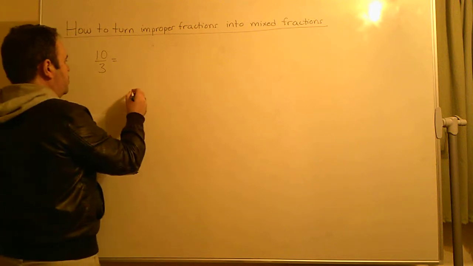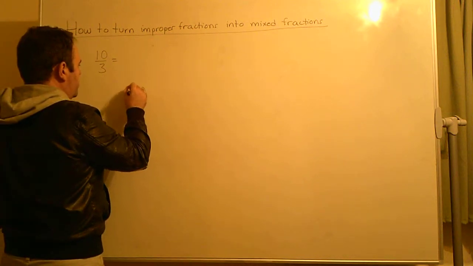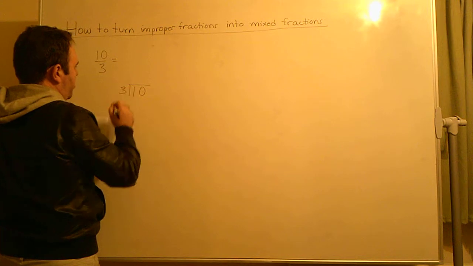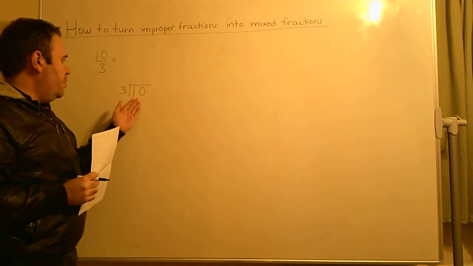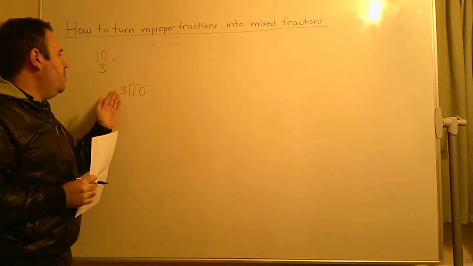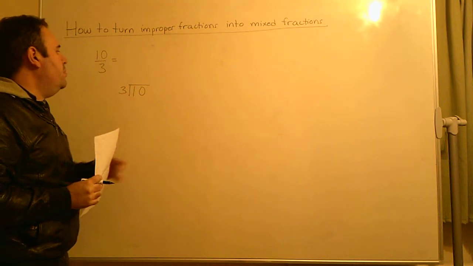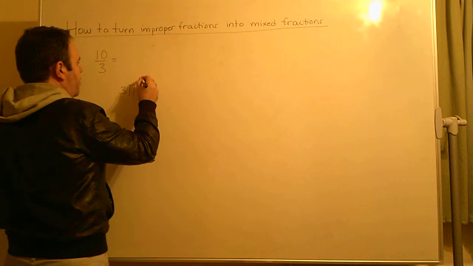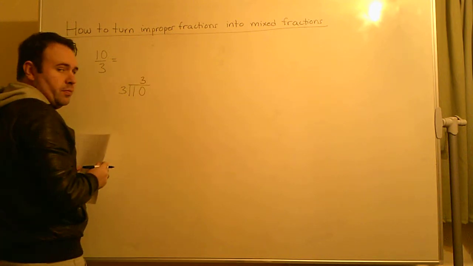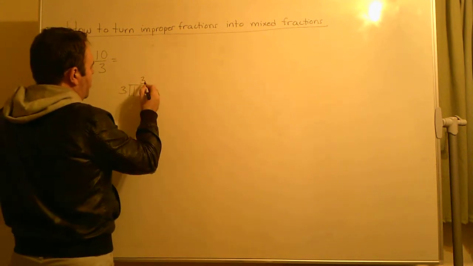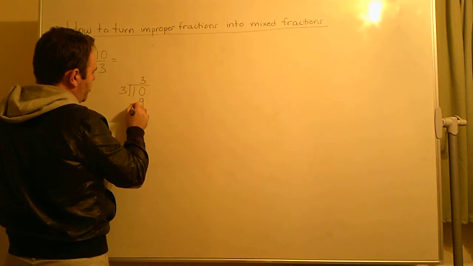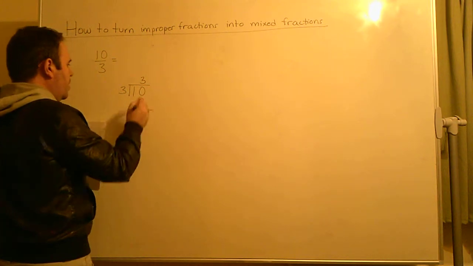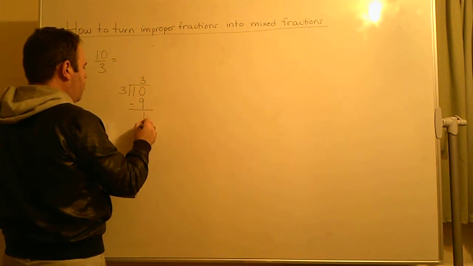So we need to do a normal division, yeah? 10 divided by 3. So we need to ask ourselves how many times does 3 go into 10? So that would be 3. Then 3 times 3 is 9, so we write it down here with a minus sign, and then we would have 1.